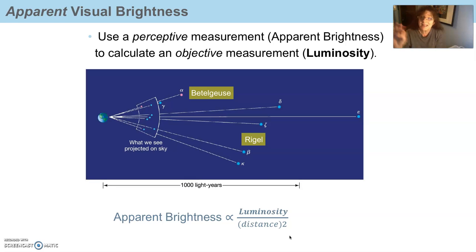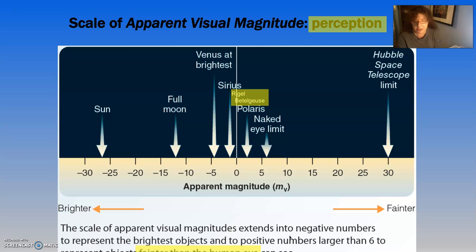So that is an exponential distance squared. This relationship of apparent brightness proportional to luminosity over distance squared can be manipulated, obviously, to find apparent brightness, or to find luminosity, or to find distance squared. And we do manipulate this equation.